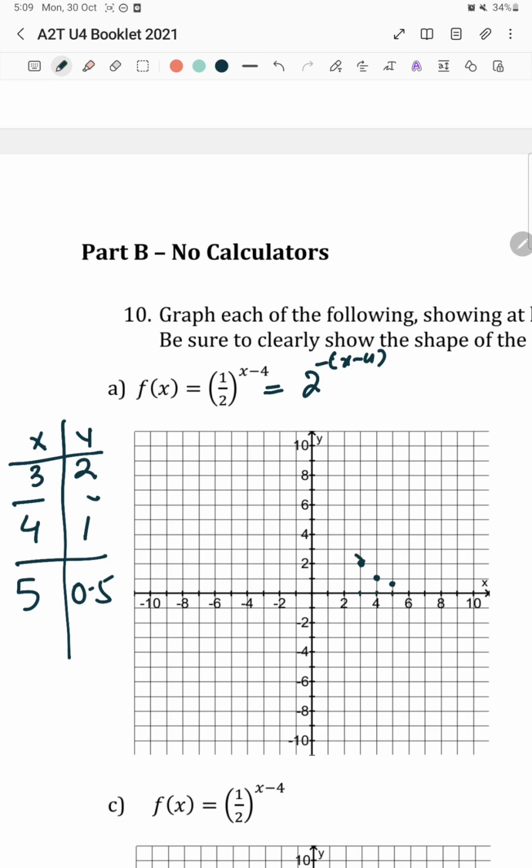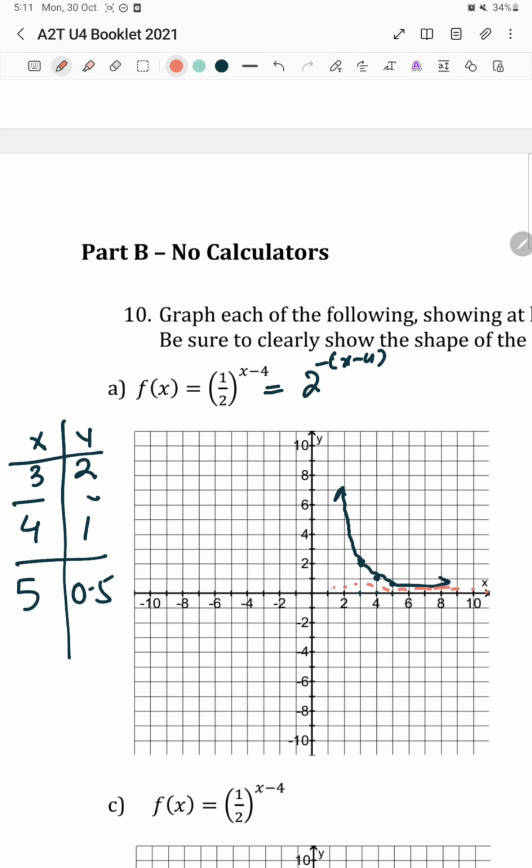So the graph is moving in this way. The graph is not reaching there, but it's actually moving nearer to 0.